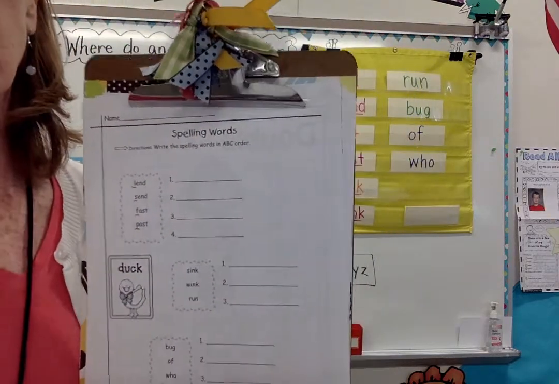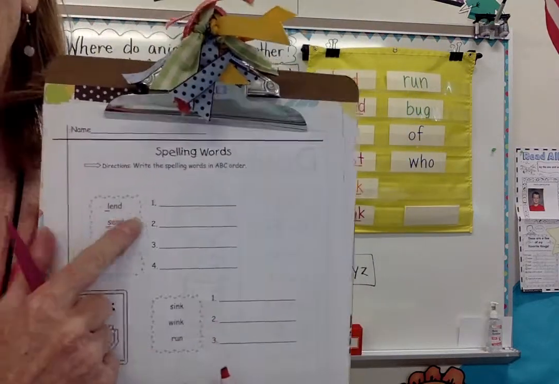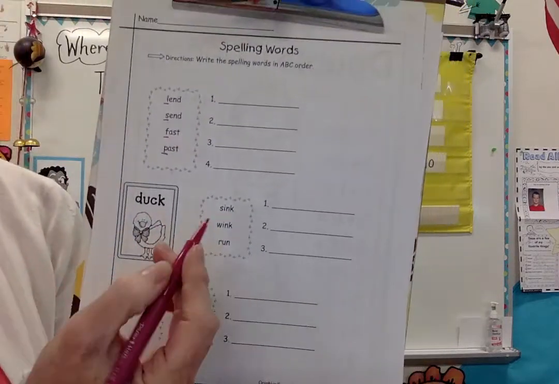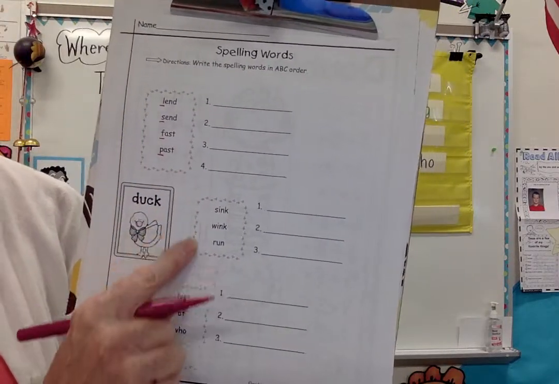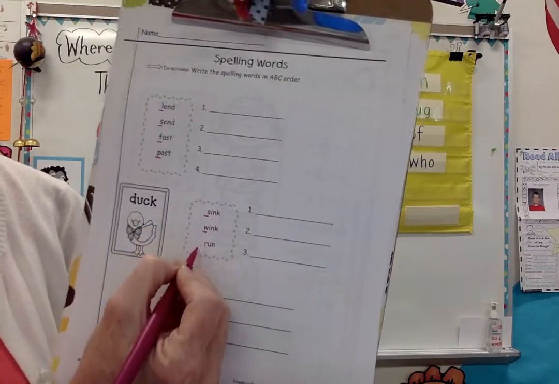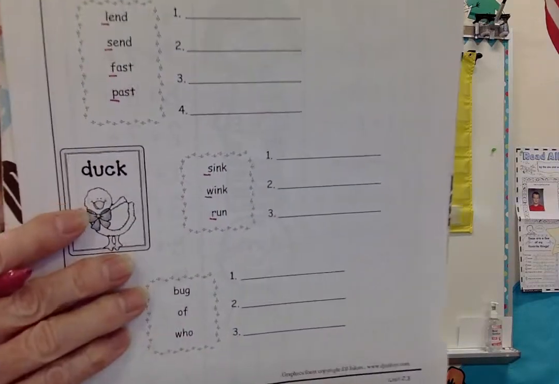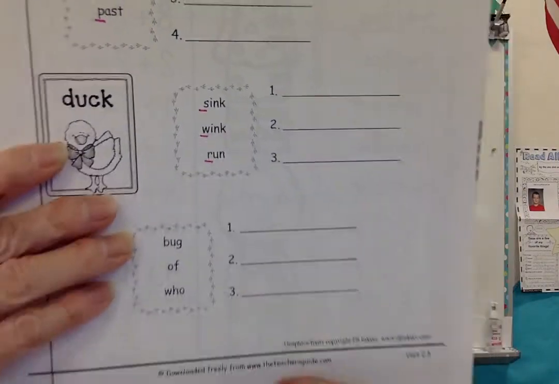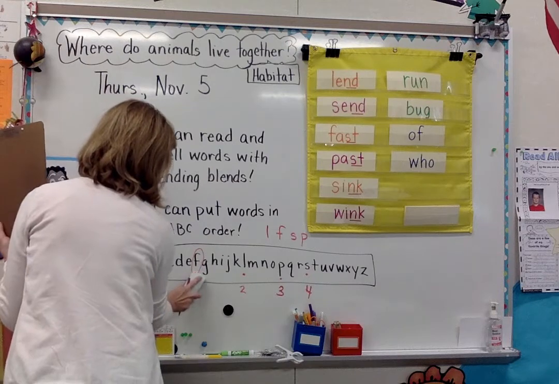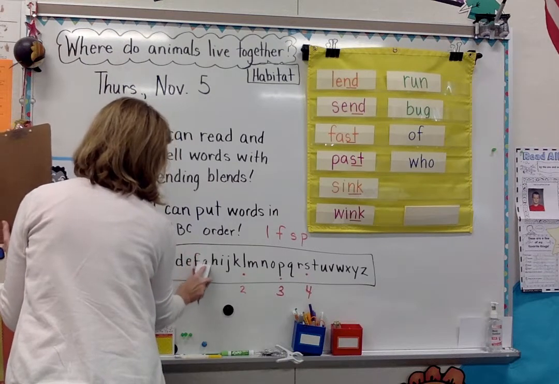Then I would go down to the next. Make sure you write them here. I'm not going to write them on this paper because I'm going to scan it to put on the website. Then I'm going to go to the next set of words. I'm going to underline each first letter in the word. Okay? I'll come back to my alphabet. If you don't have an alphabet at home, you can write the alphabet down.